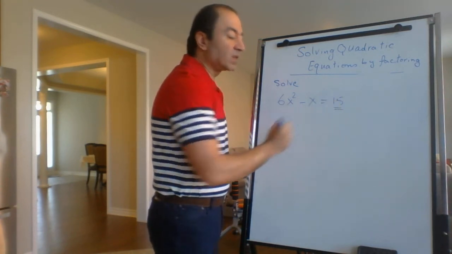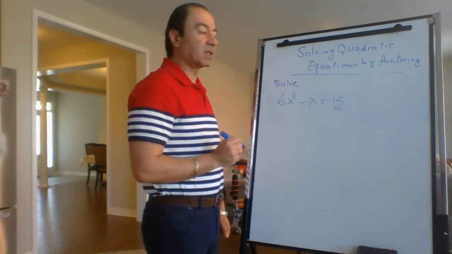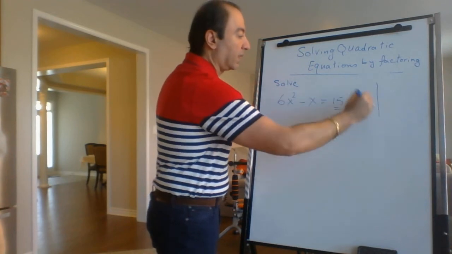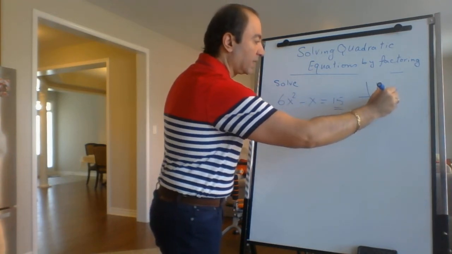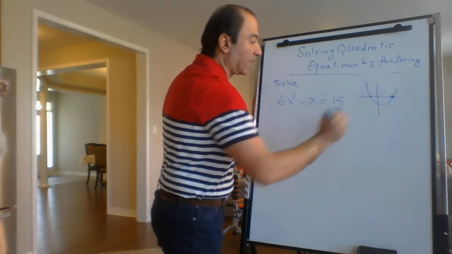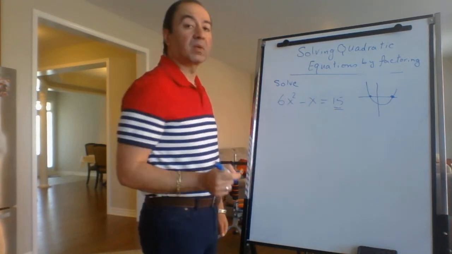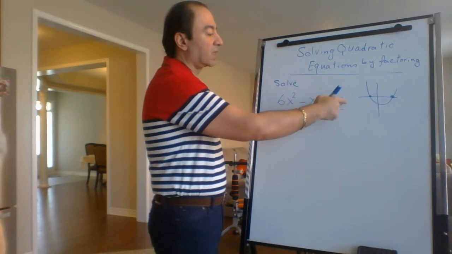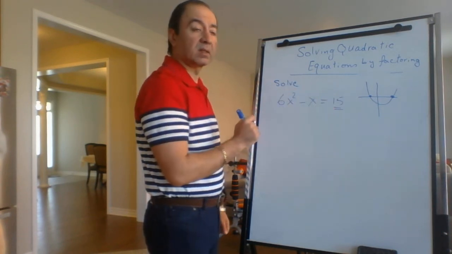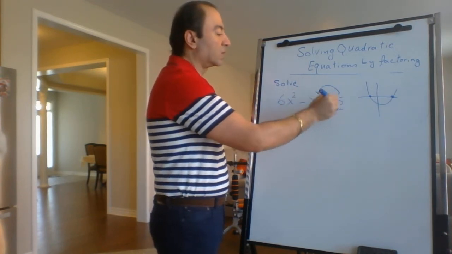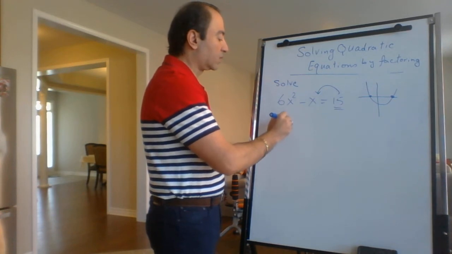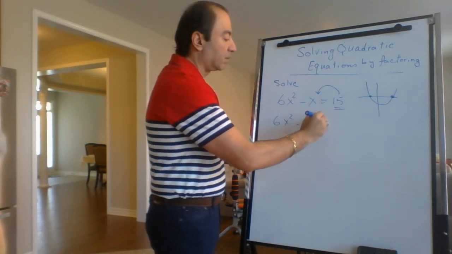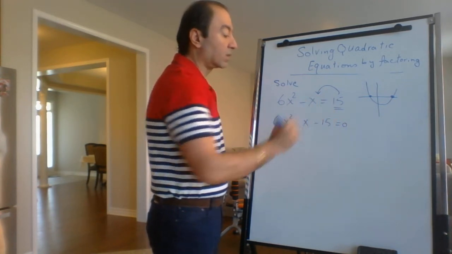We must have a 0 on one side. We are finding the x-intercept, so y has to be 0. How can I do that while I'm having 15 here? I can just subtract 15 from both sides or send the 15 over with an opposite sign. So 6x squared minus x minus 15 equals 0.